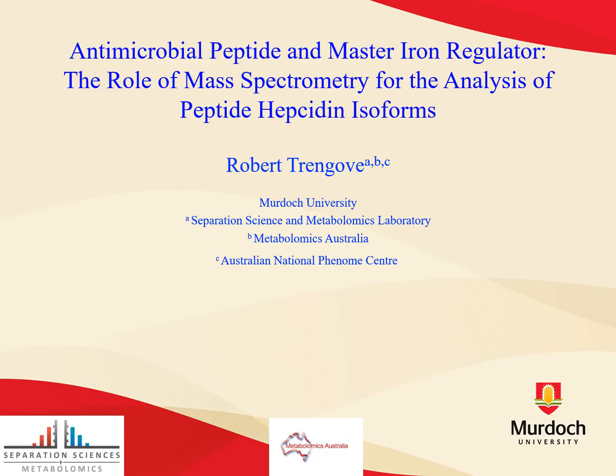I'm very pleased to be able to talk about the research that we've done in hepcidin and also to talk about research that we plan to do and on some of the exciting developments around hepcidin that are occurring at the moment.